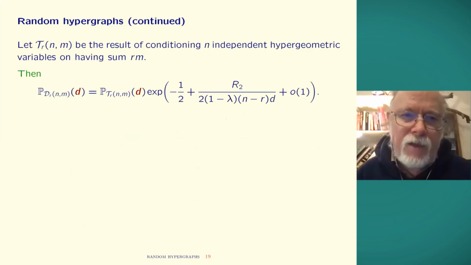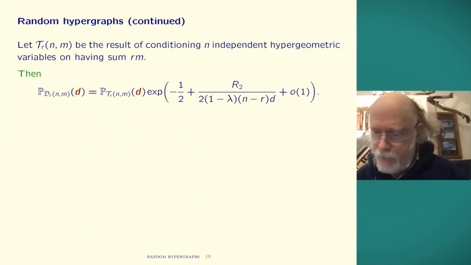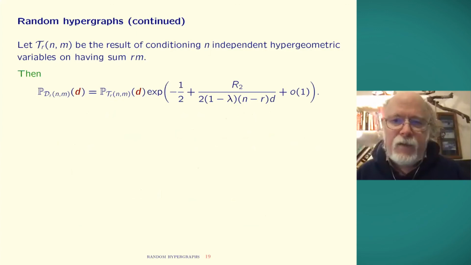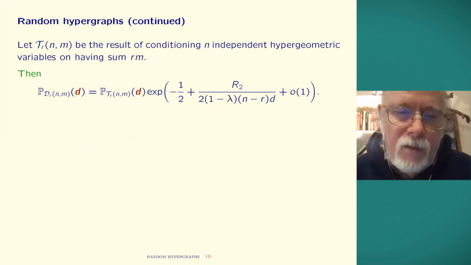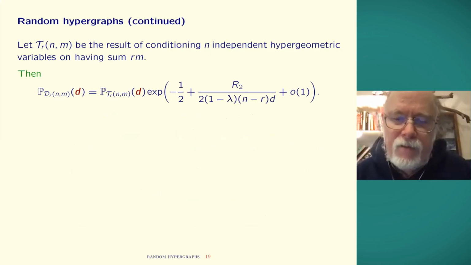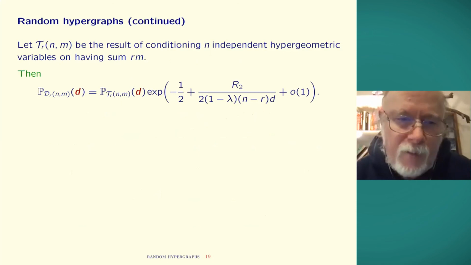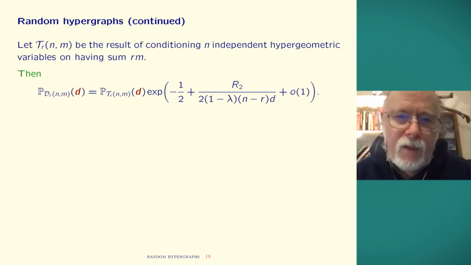And let's go now. This might be the last slide. So let's take n of these hypergeometric variables with the parameters that correspond to the degree of one vertex. Independent of each other.